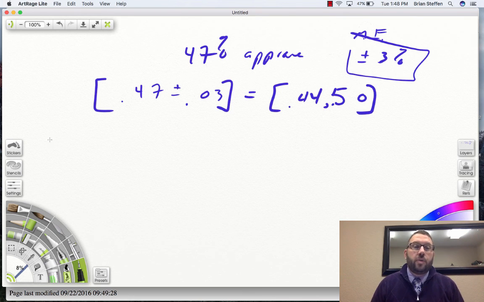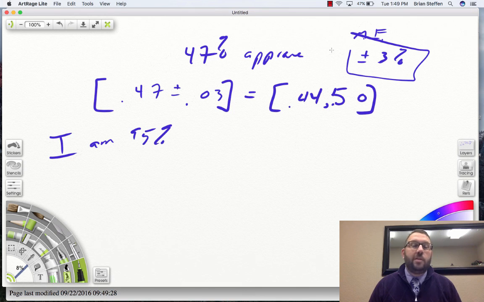All right, now we're going to interpret this in context. So you would say I am 95%, because this was a 95% confidence interval. We were, in this case, told that.